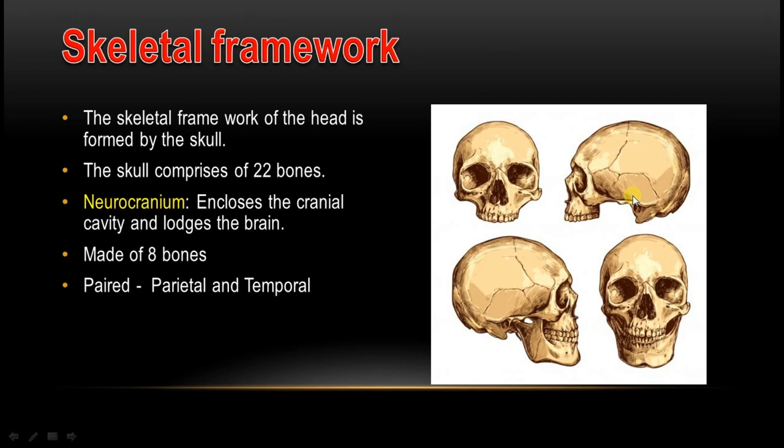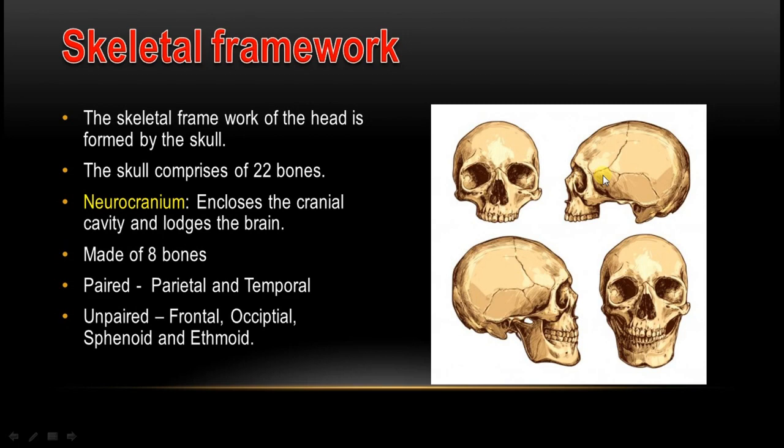The remaining 4 bones are your frontal bone, the single frontal bone in the front, an occipital bone behind, then you have the sphenoid bone. Don't think the part of the sphenoid bone on either side is 2 bones. Only one sphenoid bone is present in the center.